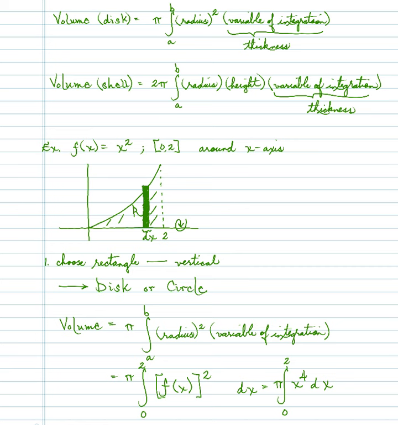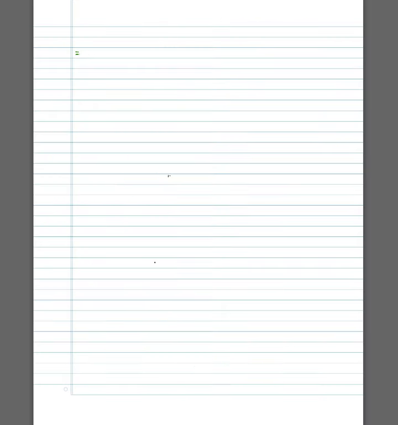So now let's go ahead and actually solve for this integral. We get pi, and the integral of x to the 4th is x to the 5th over 5. So we get pi over 5 times x to the 5th, and then we're evaluating from 0 to 2. If we do this, we get 2 to the 5th minus 2 to the 0, which is just 2 to the 5th.